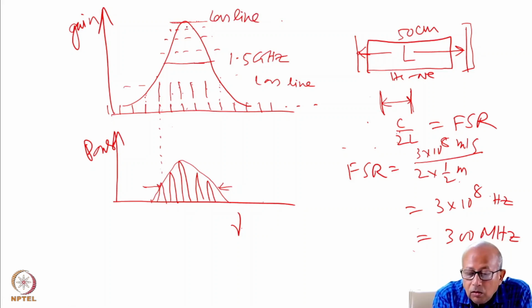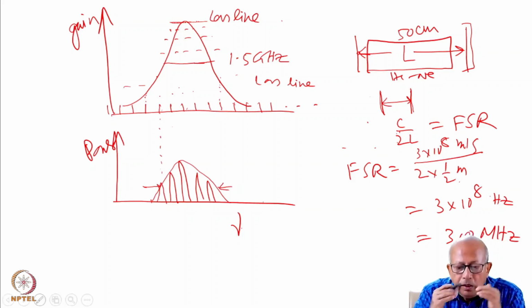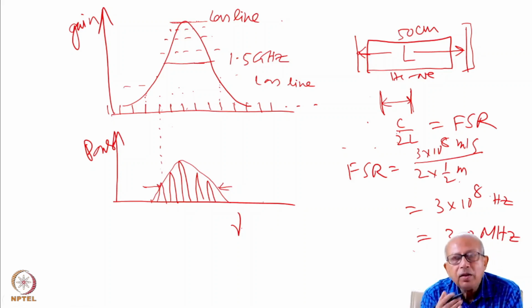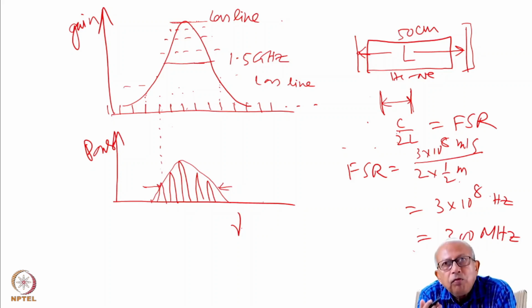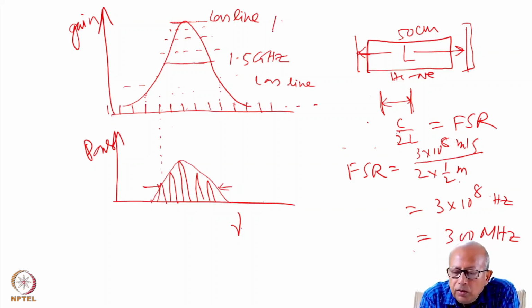So if this is the loss line, you can see now, this is the lasing window. Lasing window is the length of the intercept of the loss line with the gain curve. Only over that intercept can lasing occur, because outside that, the gain will fall below the loss line. Lasing window is less than free spectral range.